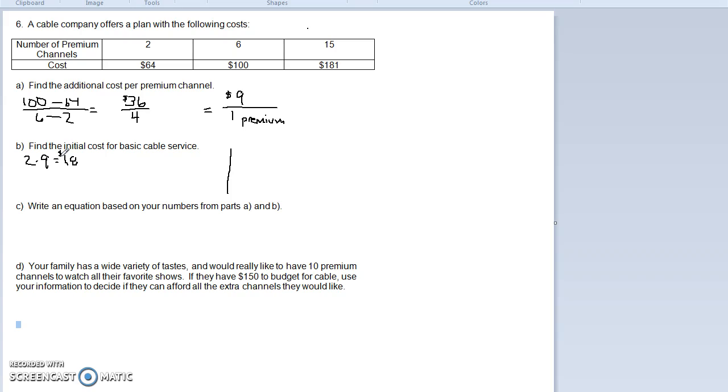The question is, where's the rest of that money coming from? Well, that would be our initial fee. That would be our initial cost. So $64 is what we're paying. $18 of that is for the premium channels. And so the initial cost would be that 64 minus 18, which is $46. So the initial cost of the cable service is $46.